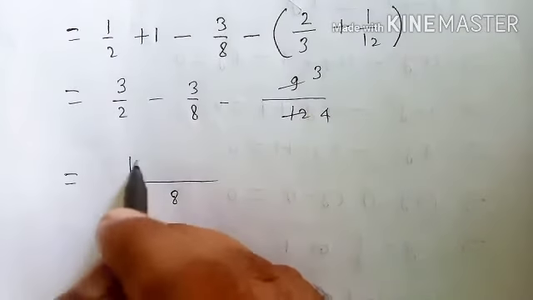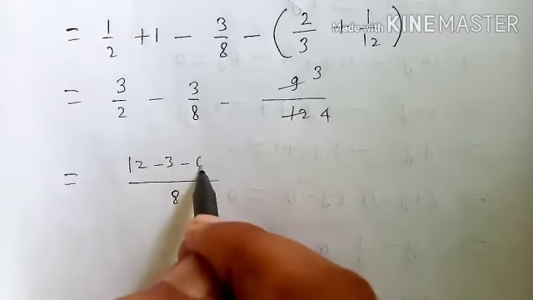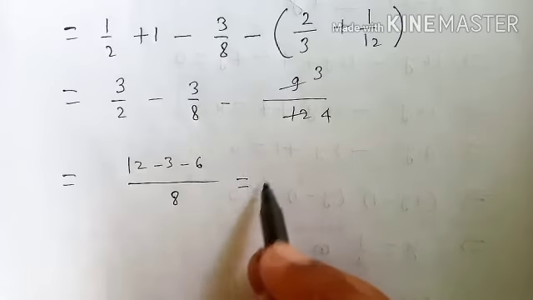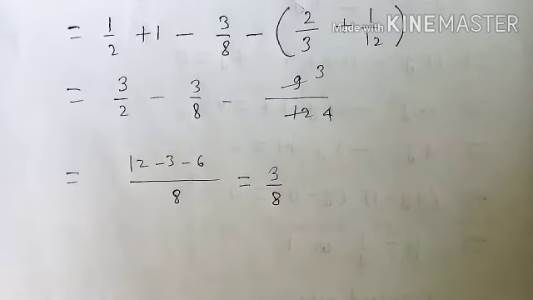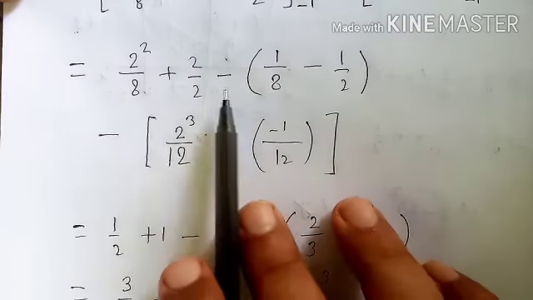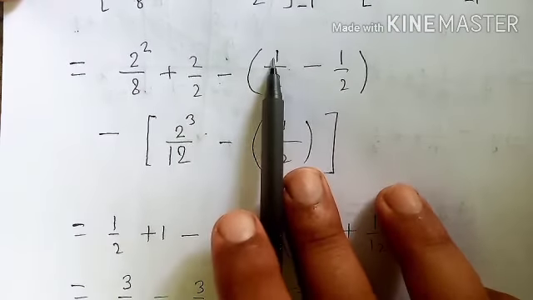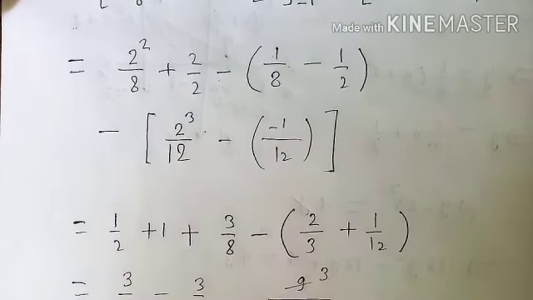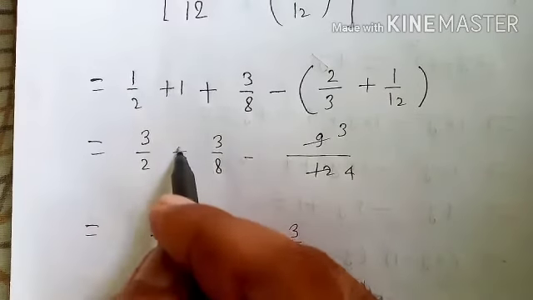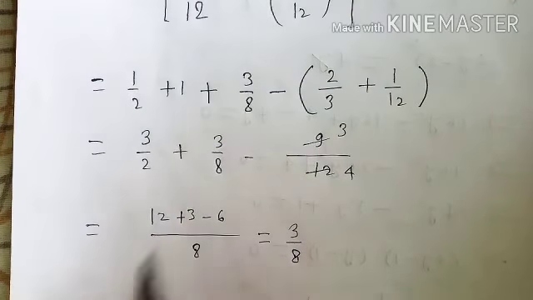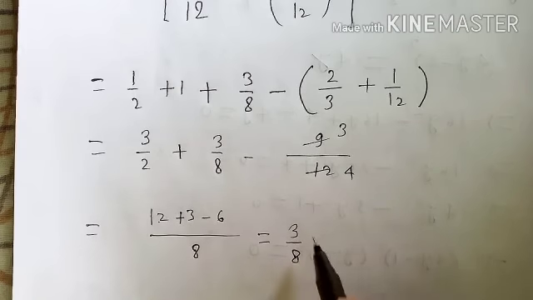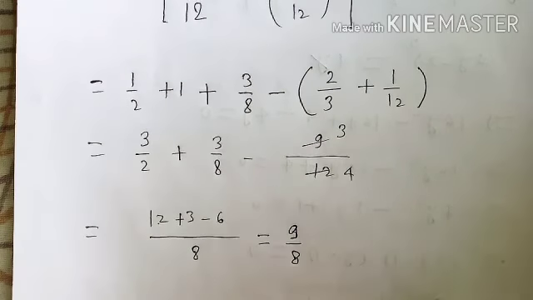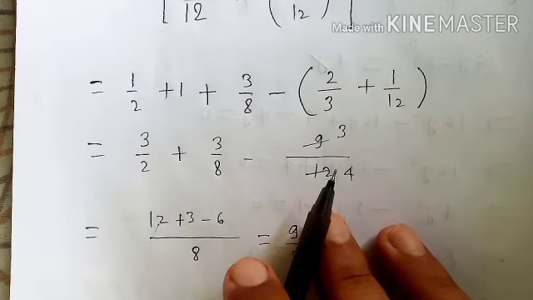Here 12 minus 9 is 3 by 8. So here 3 by 2, 3 by 8, so 15 minus 6 is 9. So 9 by 8. After calculation, you must recheck your solution.